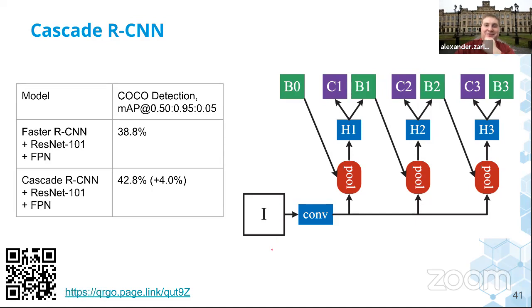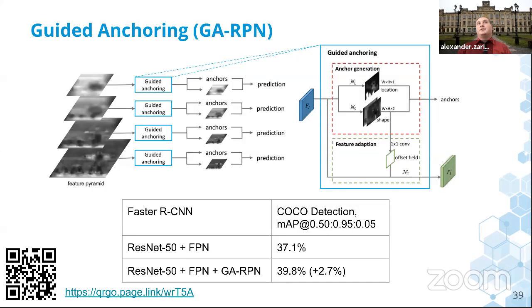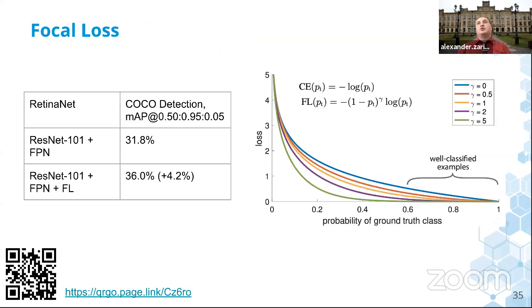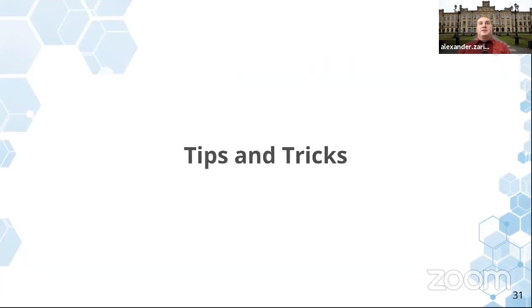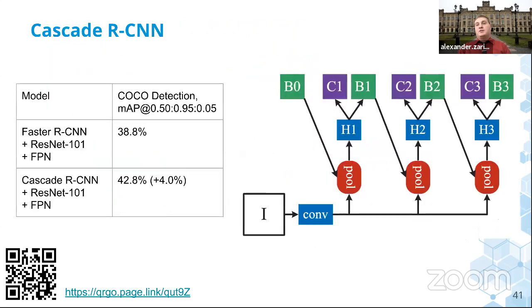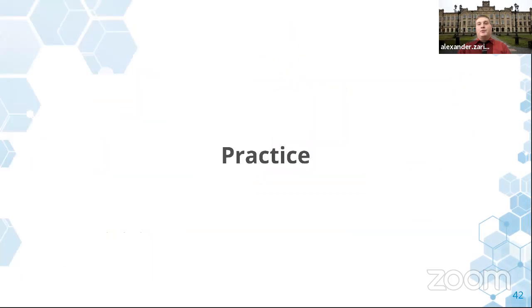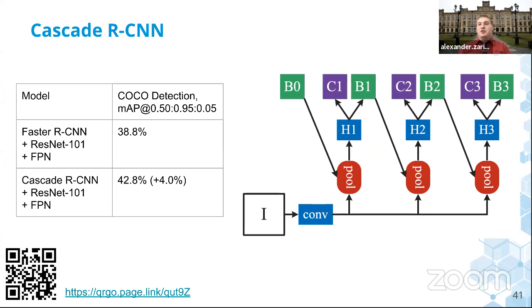Well, this is a tricky question, but one obvious way is to simply incorporate all of these ideas into a single network, like Cascade RCNN, guided anchoring, deformable convolutions, focal loss, FPN, RoI Align, SoftNMS, etc. And you simply get a bunch of highly computational GPUs.